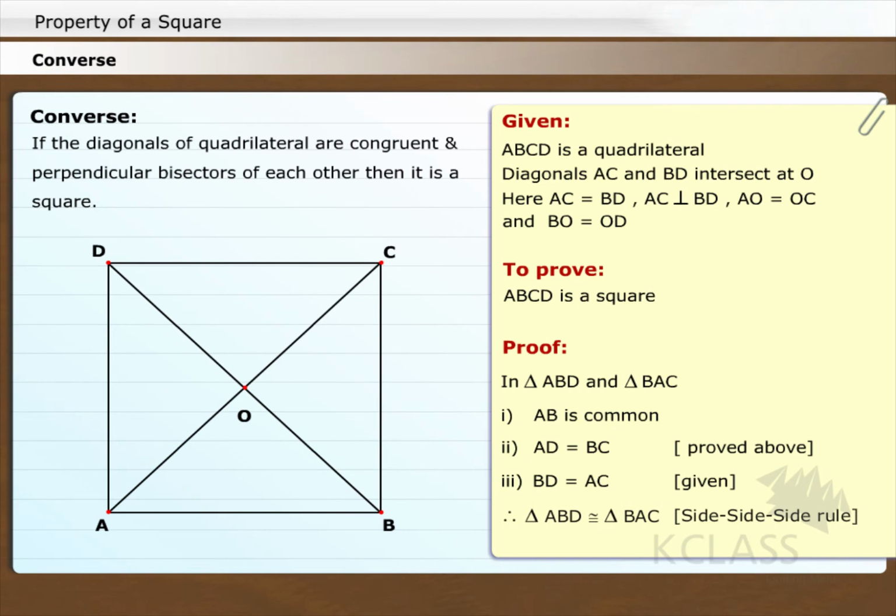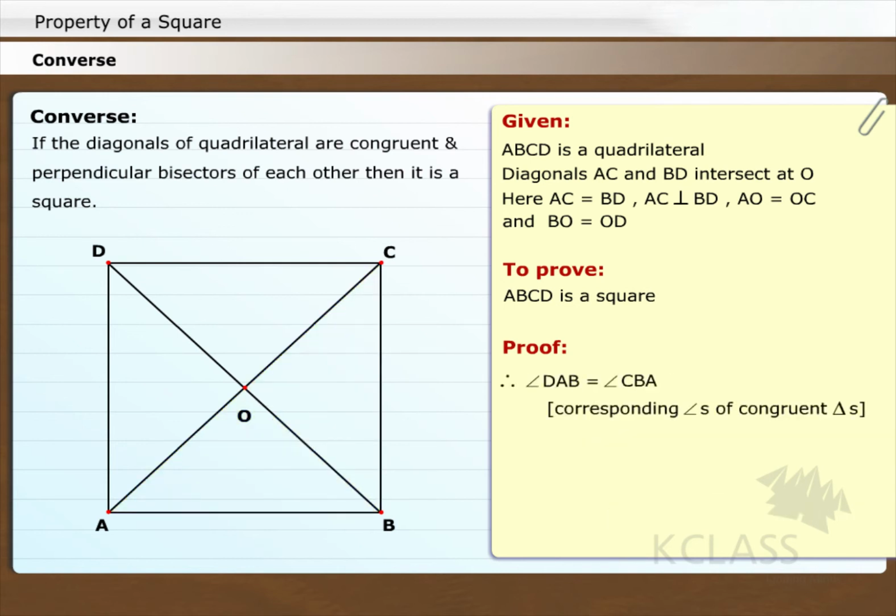Therefore, triangles ABD and BAC are congruent by side-side-side rule. Therefore, angle DAB and angle CBA are equal because they are the corresponding angles of congruent triangles.